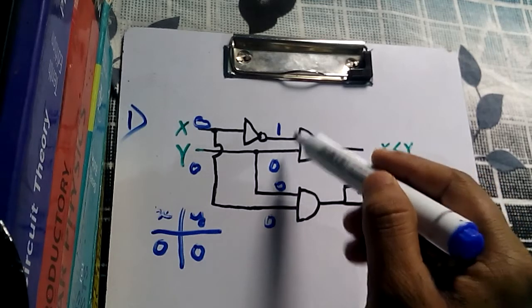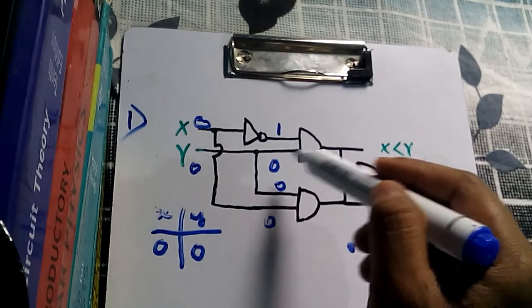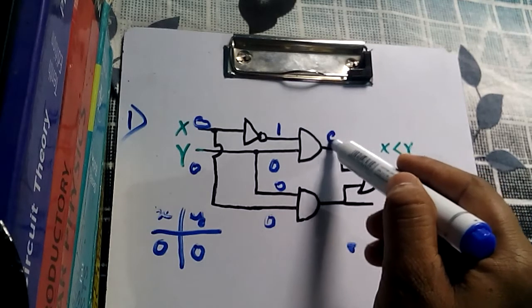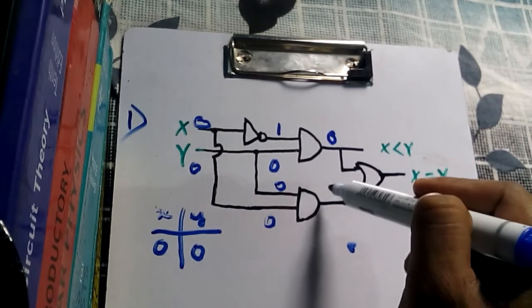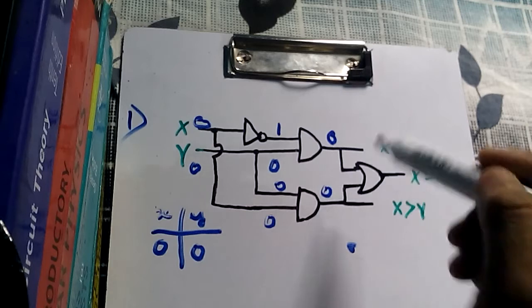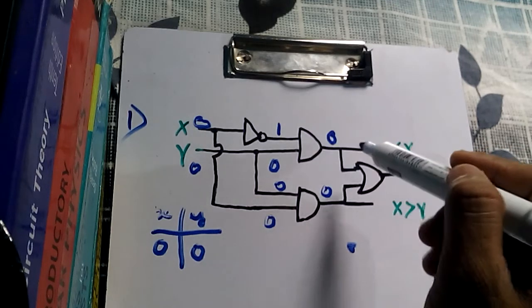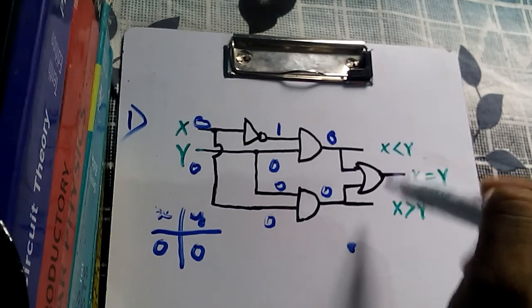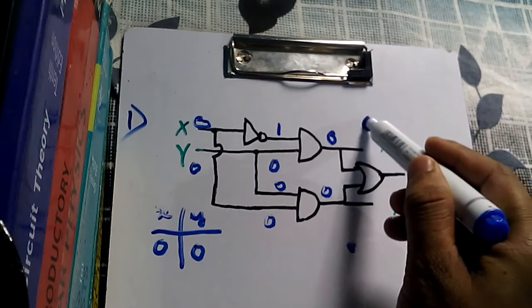Now this AND gate will take this 1 and 0 as inputs and produce 0 according to Boolean algebra, and similarly this NOT AND gate will produce 0 here also. These two outputs from the two AND gates go along this wire into the forward circuits. So from here we are getting 0 as the final output.